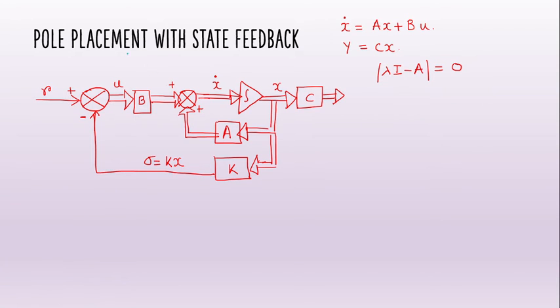So this was the original system, and it is having poles given by lambda I minus A. If you solve determinant of lambda I minus A, that will give you the poles.